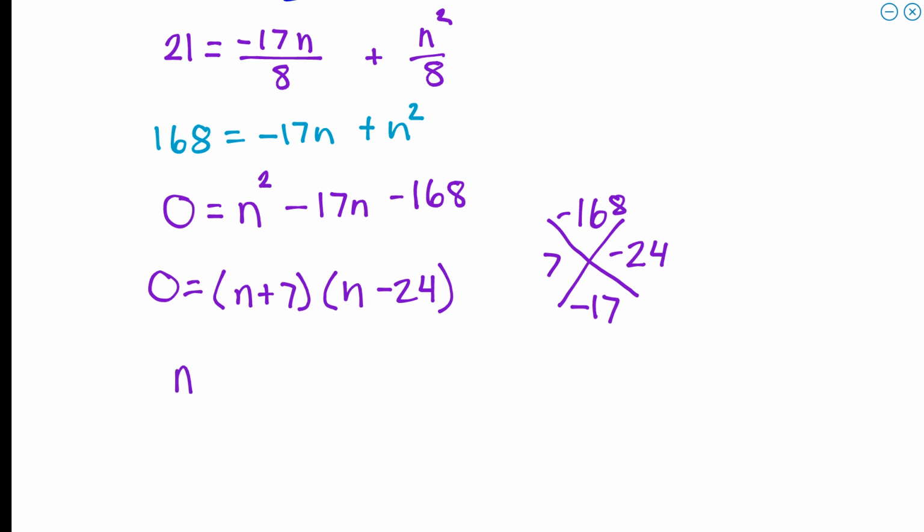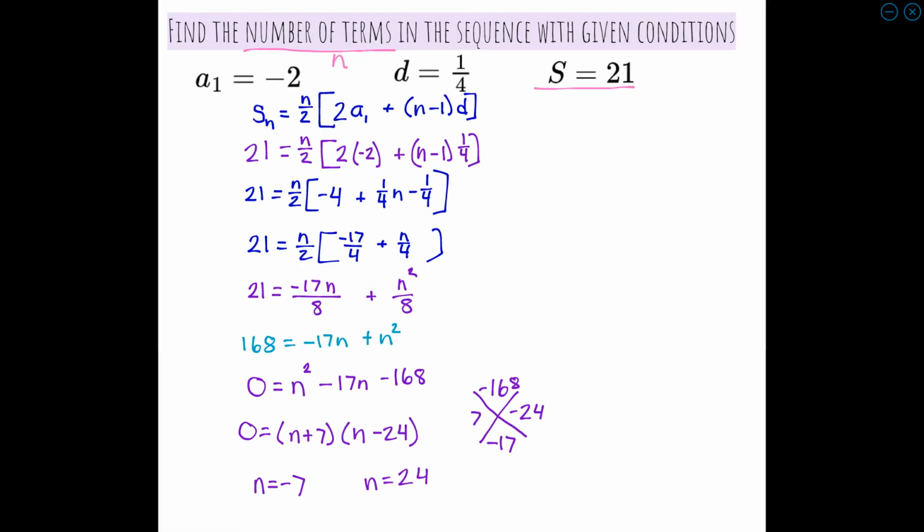So my possible solutions here are n equals negative 7 and n equals 24. So I want us to think about which one of these might be our actual solution here. Because remember, n is our number of terms. We're counting things. I'm doing it 2 times, I'm doing it 3 times, I'm taking 6 terms, I'm taking 7 terms, I'm taking 24 terms.